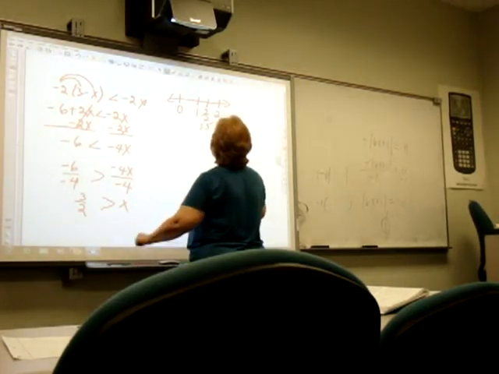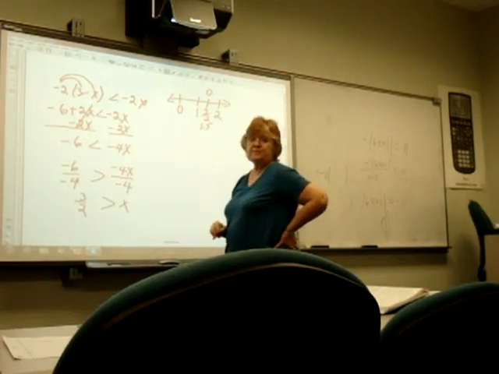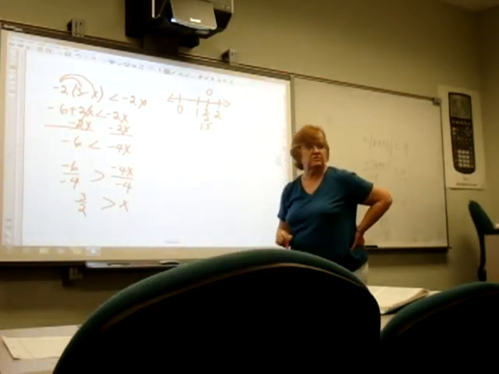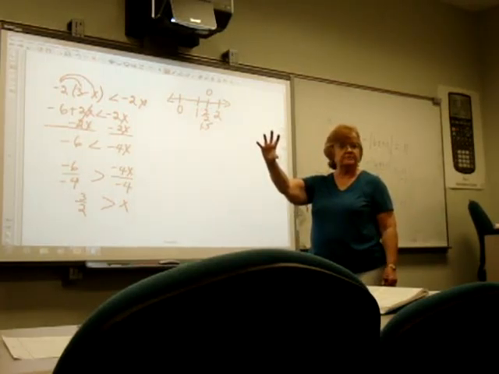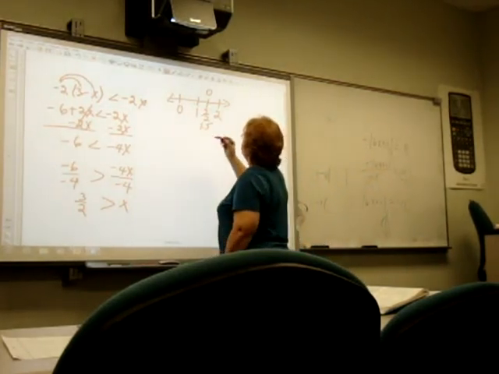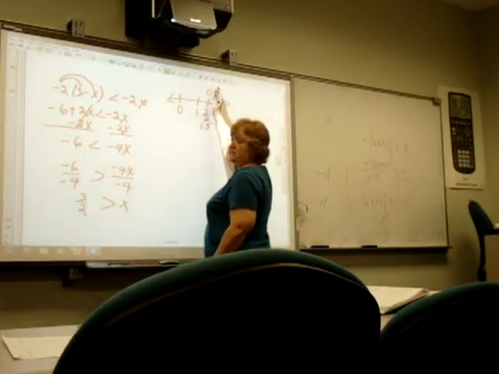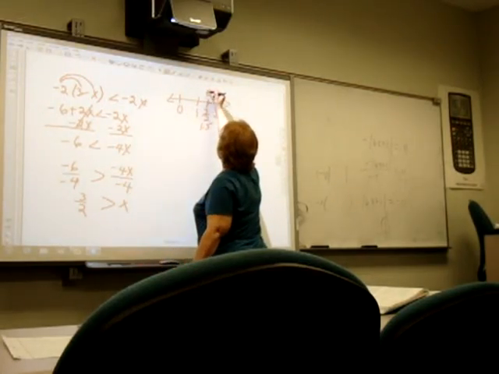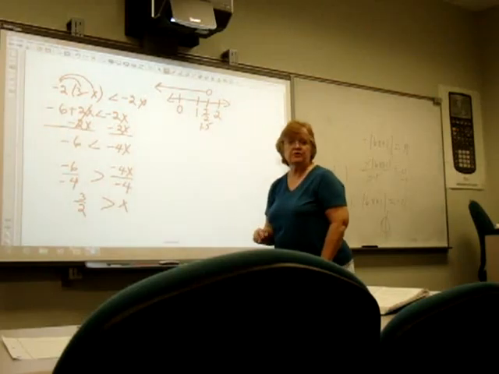No, because you don't have an equal to. So you put an open circle here. Now, which is bigger, the 3/2 or the x? The 3/2. Remember, you've got the mouth open to the big one. So if this has got to be the biggest, it's got to be as far as you go to the right. So the x's have to be everything to the left of it. So it's going like this. That's the way it would look on your number line.